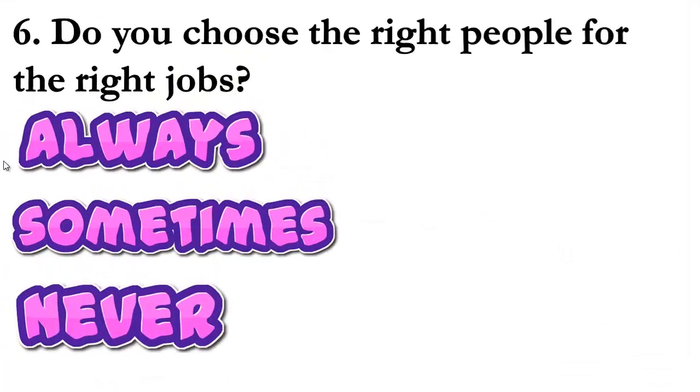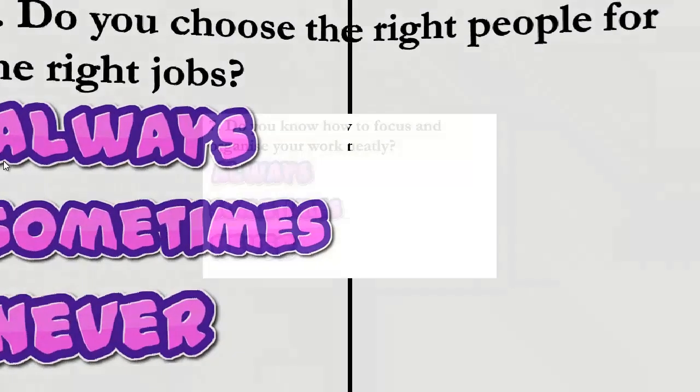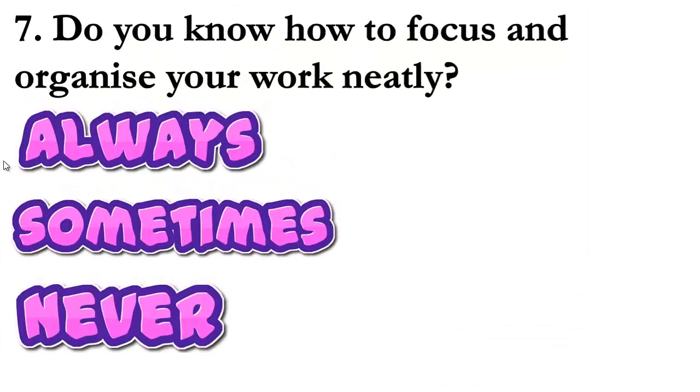Number 6. Do you choose the right people for the right jobs? Always right? Or sometimes? Excellent, very good. I think it's always here. Number 7, do you know how to focus and organize your work neatly? Yes, sometimes. Excellent, or always here.